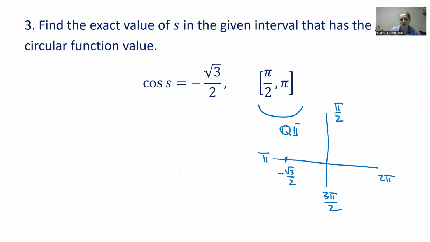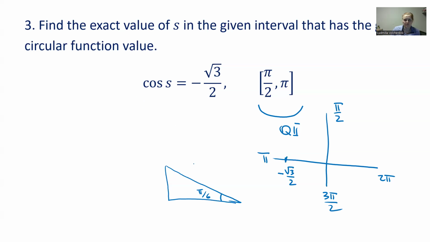Negative square root of 3 over 2 is one of the special angles, so the reference angle will be 30 degrees, so pi over 6. You can consider a reference triangle to recall is it 30 or 60. Yes, so this time it's 30 degrees, so pi over 6.